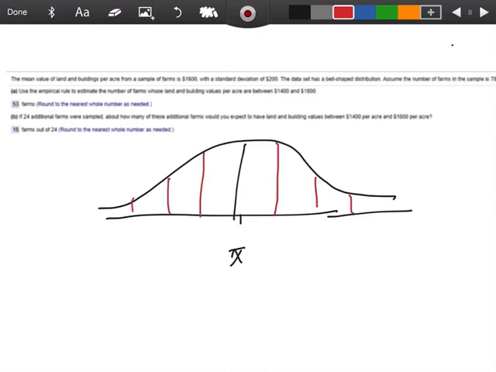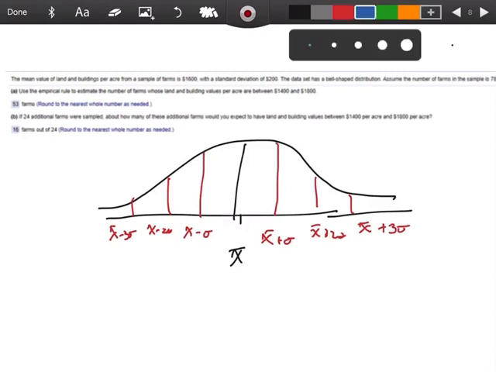So we take x bar plus 1 standard deviation, x bar plus 2 standard deviations, and x bar plus 3 standard deviations. And here, this will be x bar minus 1 of them, x bar minus 2 of them, and x bar minus 3 of them.